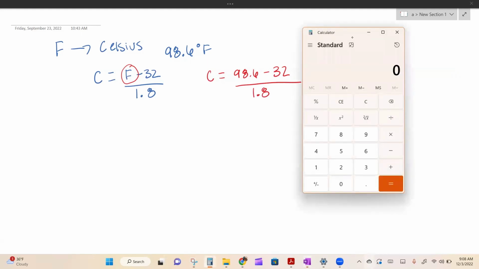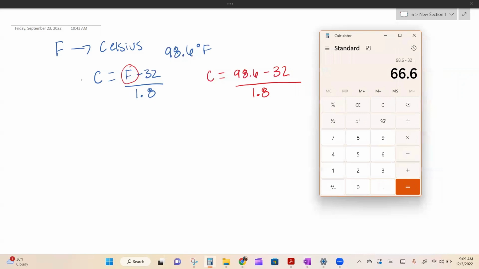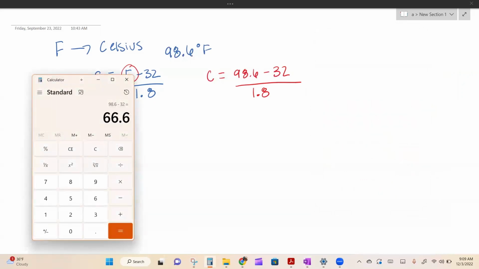And so in your calculator, you need to first take care of the top. In the book, you can see that there is parentheses. We always take care of parentheses first. So what I'm going to do first is do 98.6 minus 32. And I get 66.6.